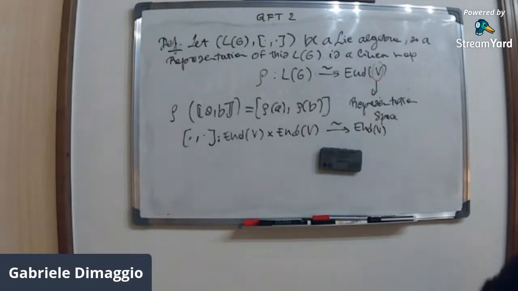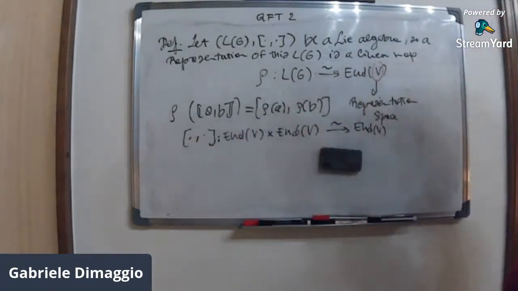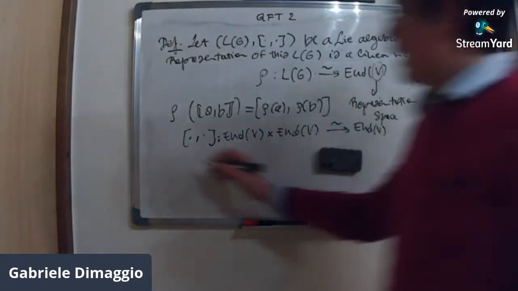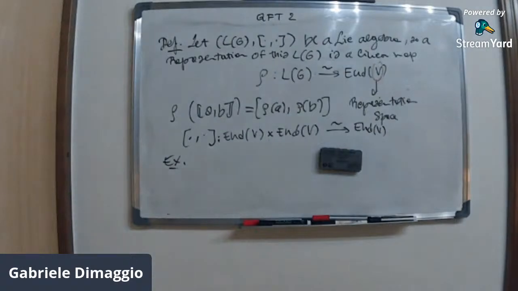So okay, and so this is a commutator. Okay, this is a particular type of commutator. Now, an example of representation. Take just the SL2C group.